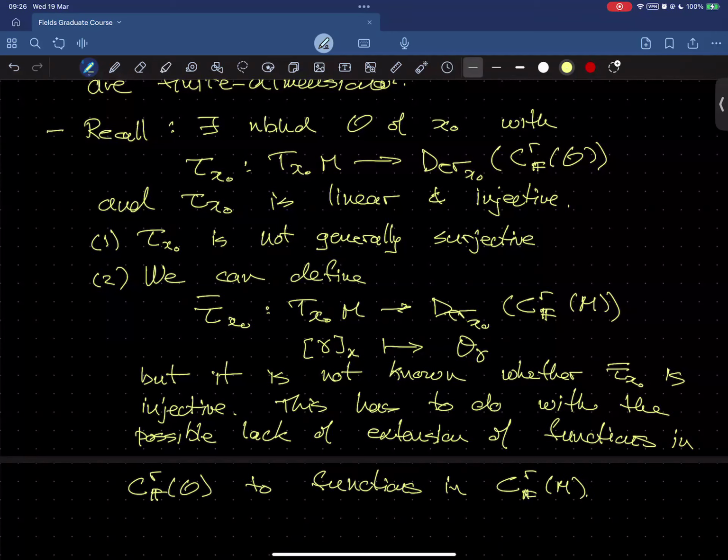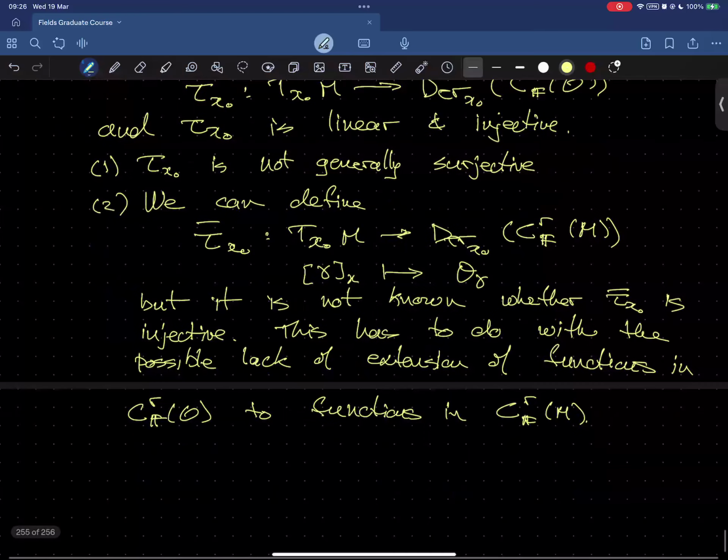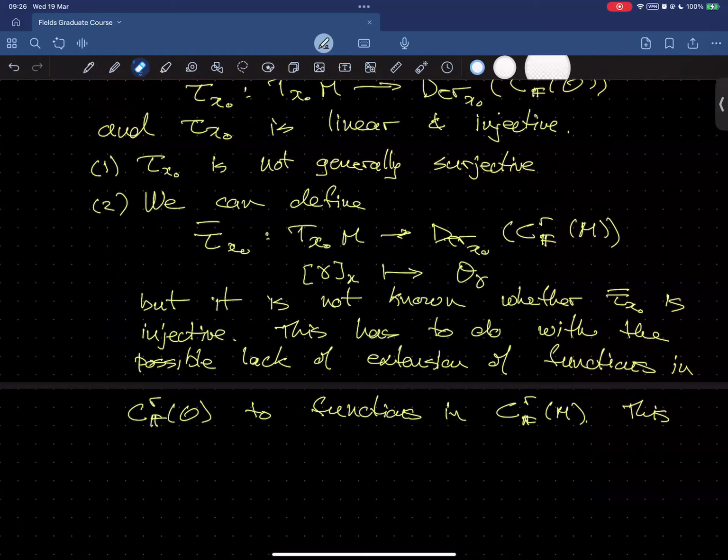And again, if you're familiar a little bit with differential geometry, you know that this has to do with what are called partitions of unity, or possibly some other similar kind of construction.